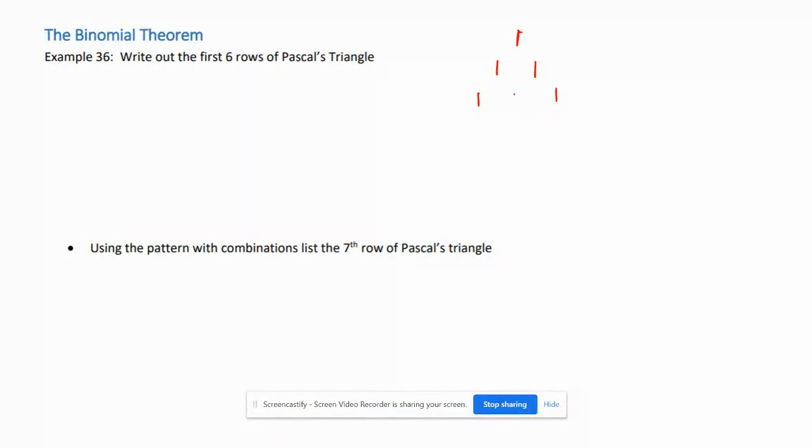So in the third row, in the second spot, 1 plus 1 is 2. Again, we have 1s on the outside. 1 plus 2 is 3. 2 plus 1 is 3. 1s on the outside. 1 plus 3 is 4. 3 plus 3 is 6. 3 plus 1 is 4.